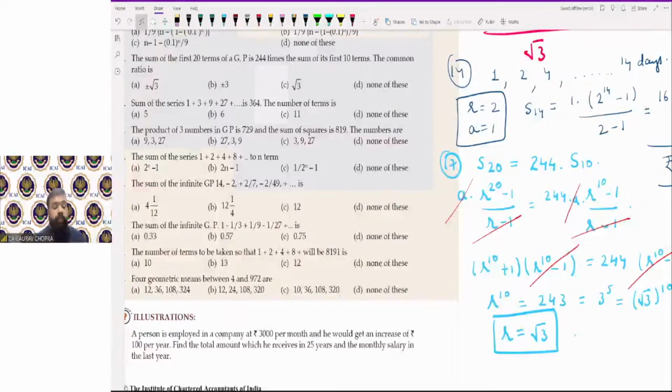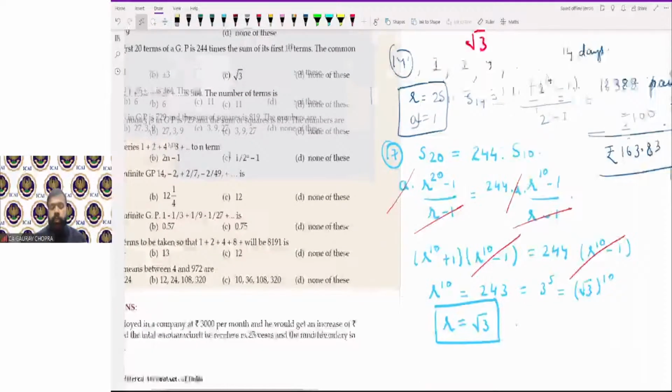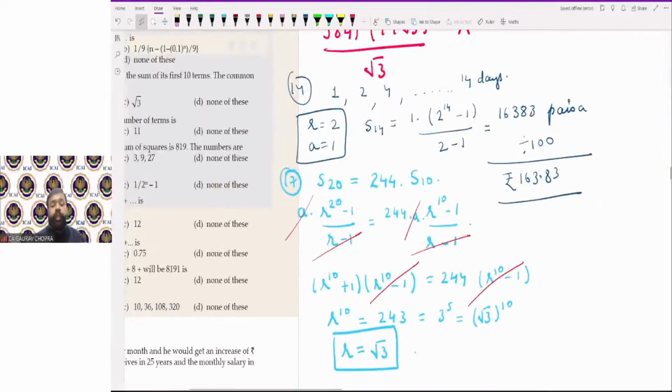Now you have to see whether A will be correct or C will be correct. Because if you put minus root 3 to the power of 10 or root 3 to the power of 10, it is one and the same thing.